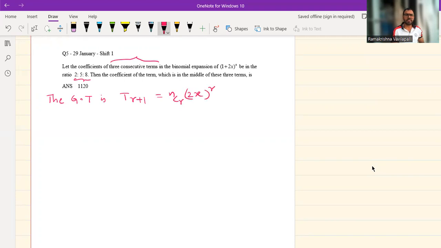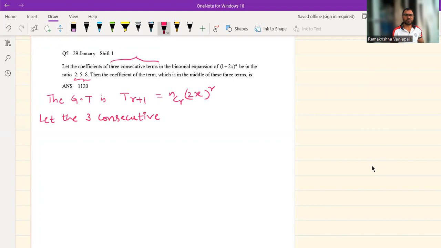We want 3 consecutive terms. So let the 3 consecutive terms, wherever you start, increase 1 by 1.